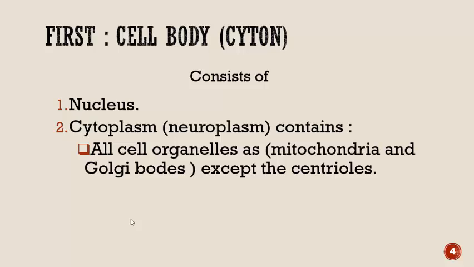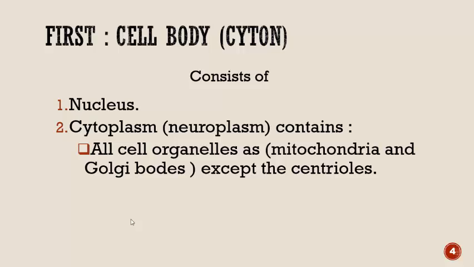Really, dear students, do you know what is the function of the centriole or the centrosome? The centrioles and centrosome help in cell division. So this part is very important for the neuron, and related to the absence of this centriole or centrosome, the neuron or the nerve cells cannot divide.